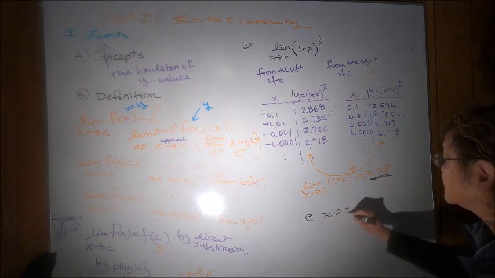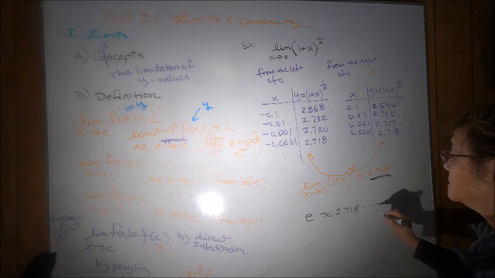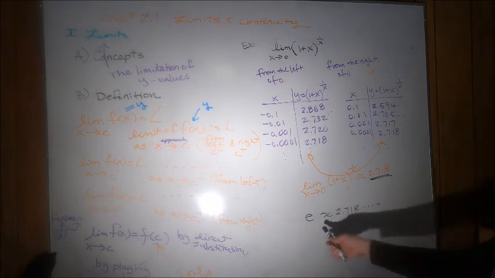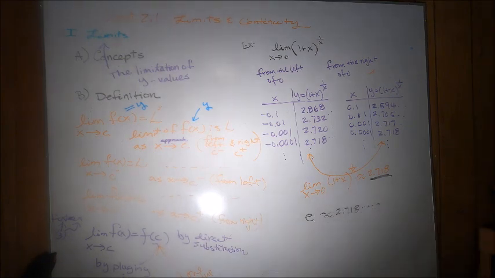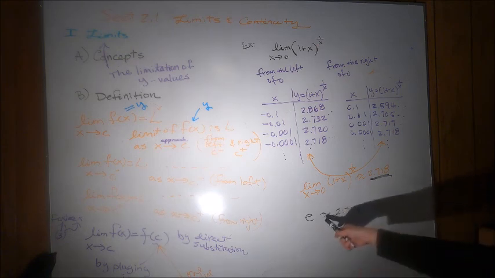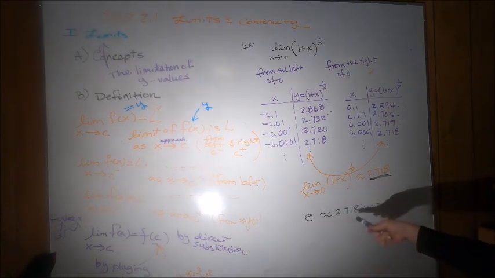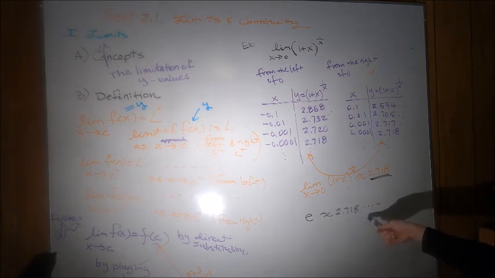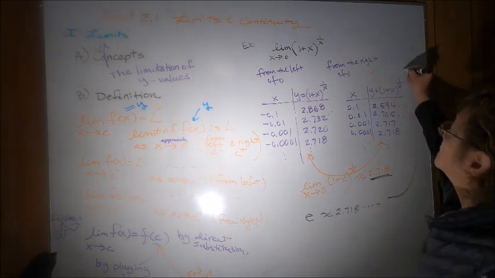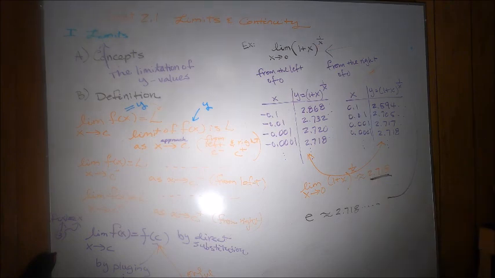Remember? 2.718 something? That's by the German guy called Euler. He did not invent, he discovered this number by doing what? Doing the limit of this. Okay?